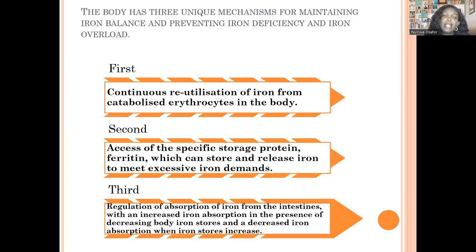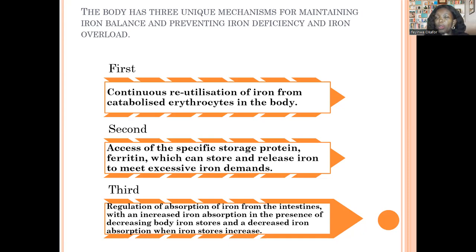Remember what I said here, that the body has 3 unique mechanisms for maintaining iron balance and preventing iron deficiency and iron deficiency anemia. One, the body has the capacity to reutilize iron from catabolized erythrocytes. Two, the body has the ability to fall back on iron that is stored in the system as ferritin and hemosiderin. Three, the body has the capacity to regulate iron absorption from the intestine, that is the proximal duodenum, absorbing more when the body is in need of iron, and reducing absorption when the body does not need iron.